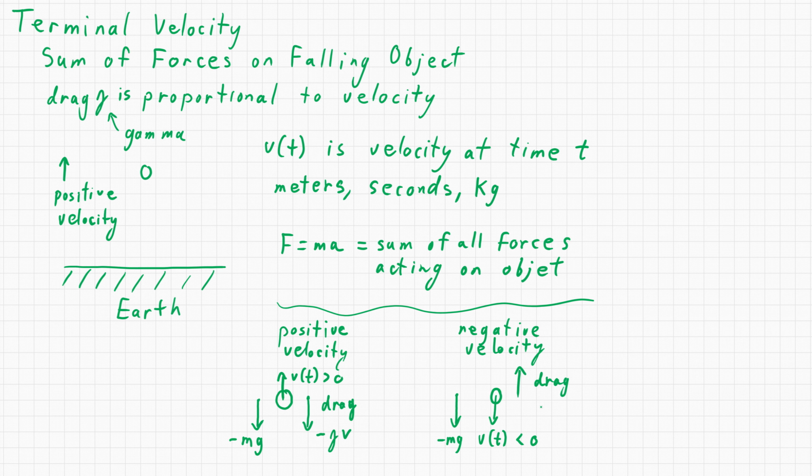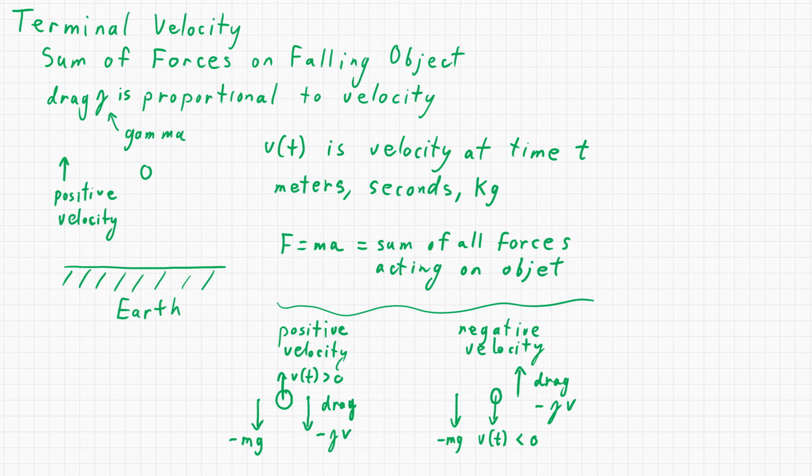If drag is negative gamma v, does that work? We want it going upward. The drag coefficient gamma is still a positive quantity. We have a negative in front, but the velocity is negative, so we have negative times positive times negative. That results in a net upward, positive force. We just wanted to check the positive and negative velocity cases to make sure the drag term works in both, because it just switches directions.